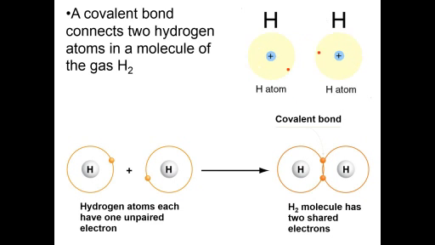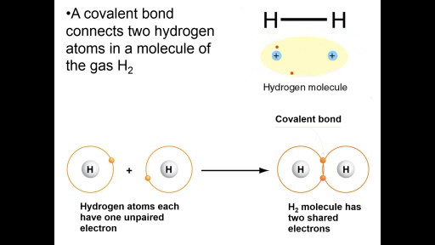So notice here, these electrons are moving back and forth between one atom of hydrogen and another atom of hydrogen. They're being shifted between one atom to the other equally. So an equal sharing of electrons.